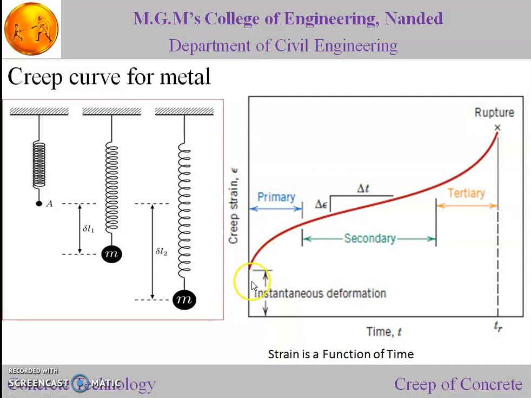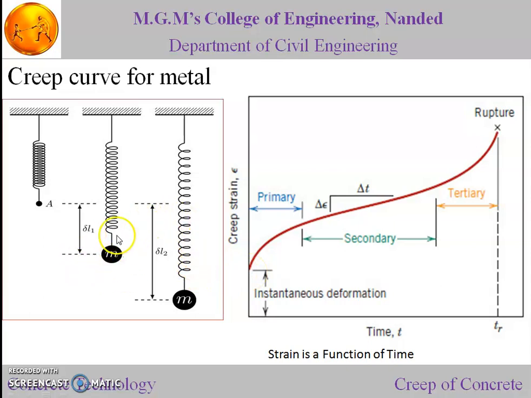Here you can see in this graph, when we correlate this graph and this figure together, at the instant when we place the load, due to this load there is an instantaneous strain. It means instantaneous deformation occurs. Within a short span of time, the deformation of the spring is large. Hence it is called instantaneous deformation. So there is no time, but instantaneous strain.